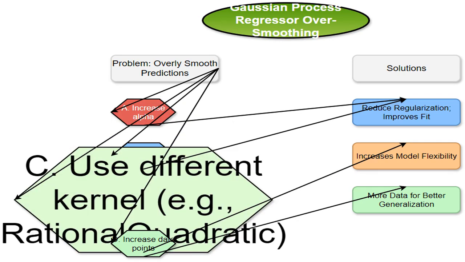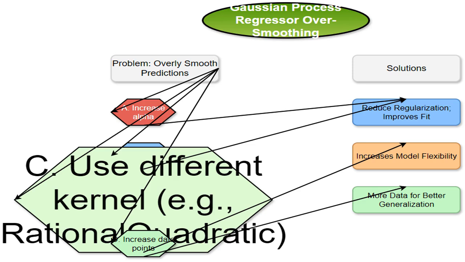I am addressing the problem of oversmoothing in Gaussian process regression, a machine learning technique used to model datasets. Oversmoothing means the model is too smooth and misses important details in data. We are going to find ways to make the model more flexible.